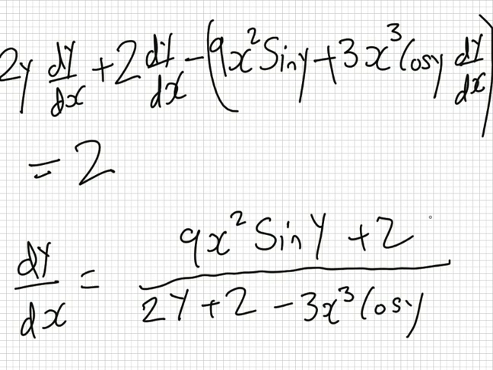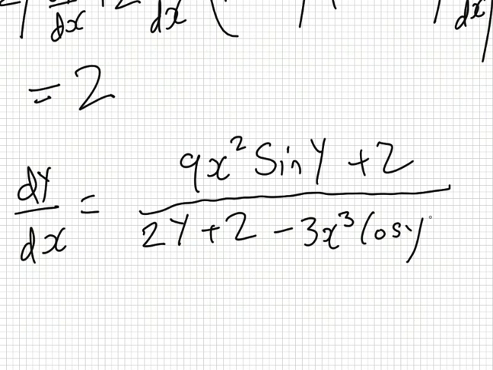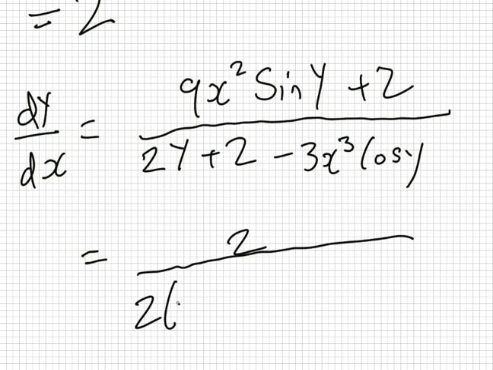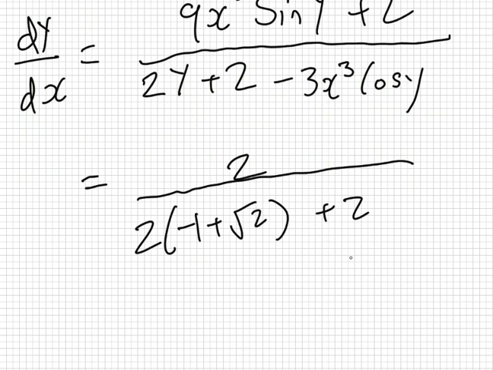And now what do we do next? Good, put the points in. What was the value of x? x was 0, wasn't it? So that's gone, so that will be 2 over, and that's 0, so that's gone as well. So it will be 2 times minus 1 plus root 2 plus 2.